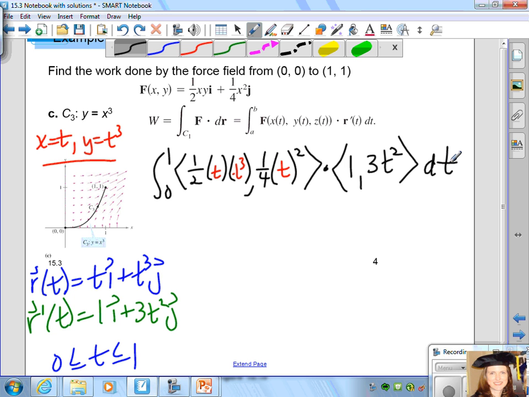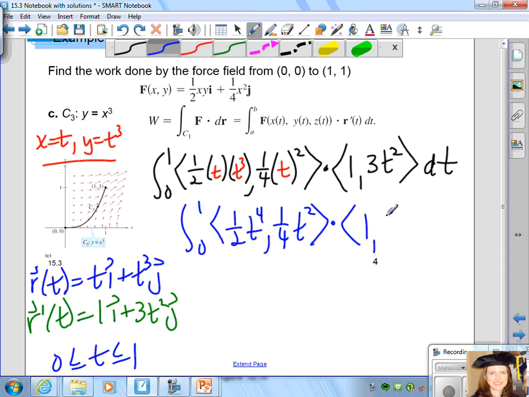I actually tend to like this notation better since I'm not writing as much, eliminating the i's and the j's. So this now becomes, when we simplify it, the definite integral from 0 to 1 of <1/2 t to the 4th, 1/4 t squared> dotted with the vector <1, 3t squared> dt.